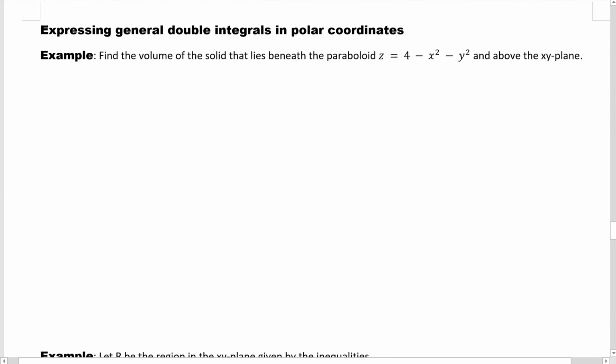Next, express a general double integral in polar coordinates. Example: find the volume of the solid that lies beneath the paraboloid and above the xy plane. So above the xy plane, okay, what does it look like? First, you want to find the intersection with this guy in the xy plane.